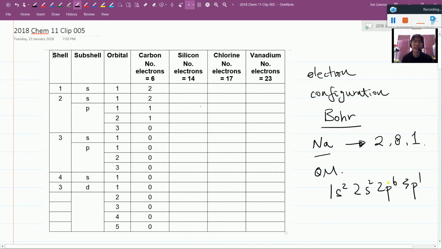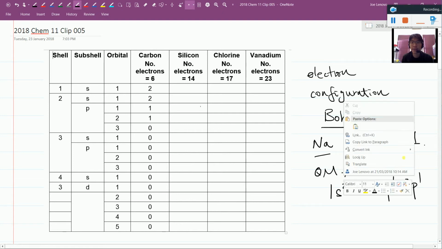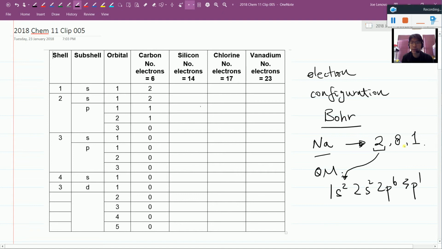So instead of 2, 8, and 1, you will see the QM model for sodium is 1s2, 2s2, 2p6, and 3p1. You would be able to relate this to the Bohr model: when n equals 1, it only has one subshell. When n equals 2, it has two subshells, with the number 2 in front of it.